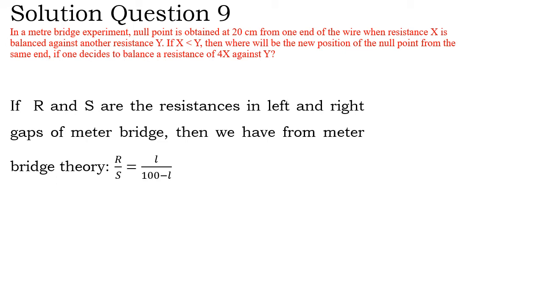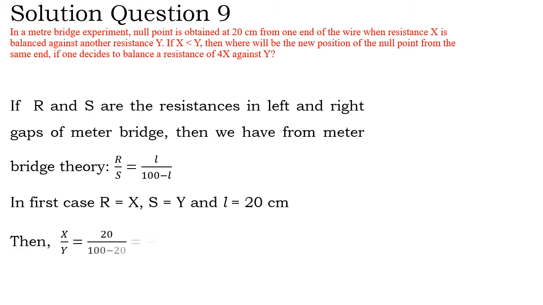Then according to meter bridge theory, we know that R divided by S is equal to L by 100 minus L. Then accordingly, in the first case R has been given as X and S has been given as Y, and balancing length is taken to be 20 centimeter. So if we substitute all these values in the above equation, we'll obtain X divided by Y is equal to 1 divided by 4. So this is the ratio that we have obtained.